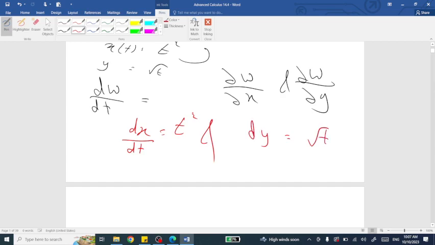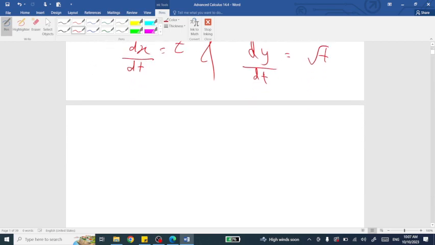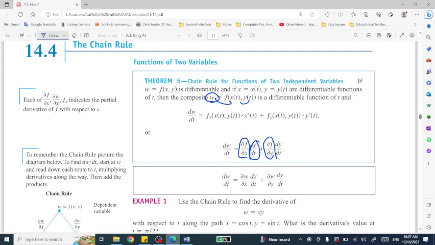If I want to find the derivative, because y contains only t, we have dy by dt. So generally speaking, if your function contains only one variable, we say d. If it has two or more variables, we say partial. Clear? Maybe you understand 50%, 20%, it's okay. Just look at the example. Now you will get it.